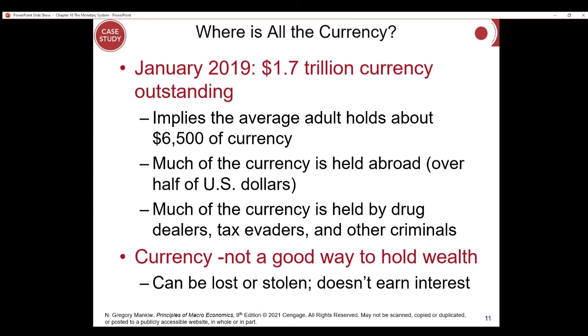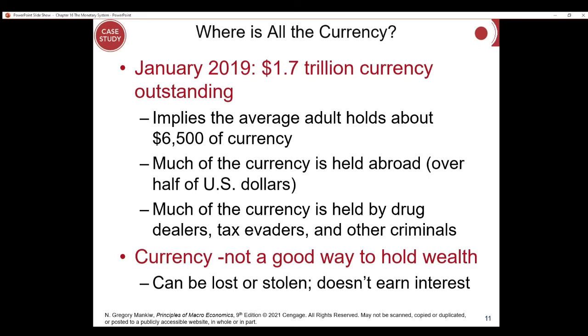So they're just going to hold on to a bunch of cash, and it's the best way for them to conduct their economic activities of selling drugs, weapons, or buying services, whatever they're doing. So that's where most of our money supply, money stock, might be.